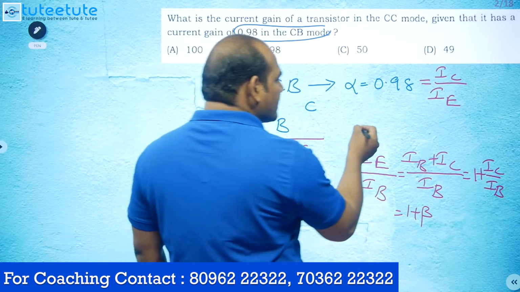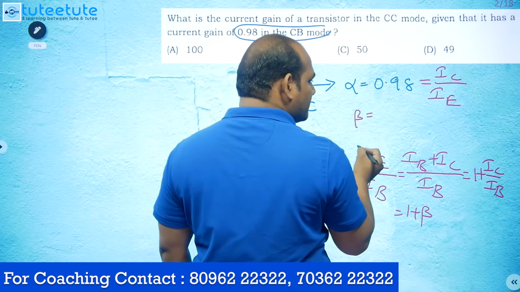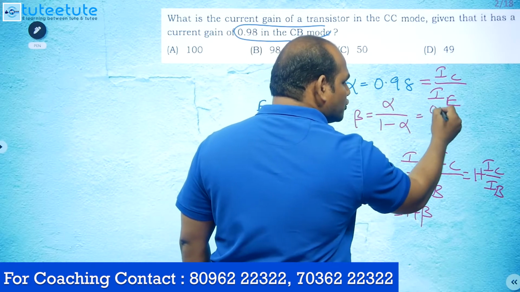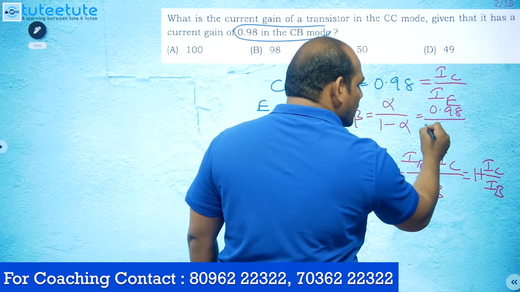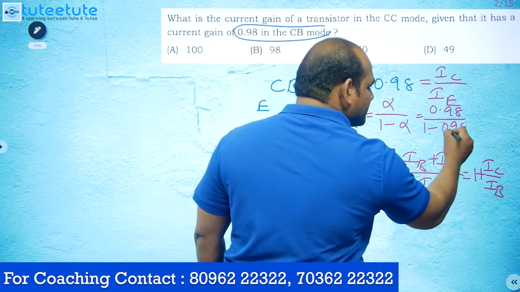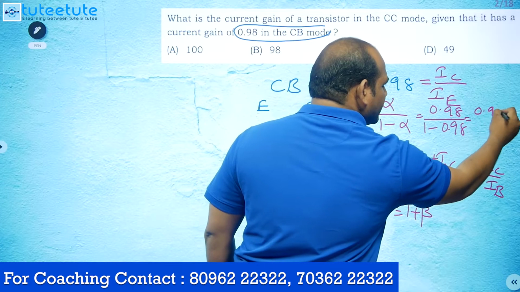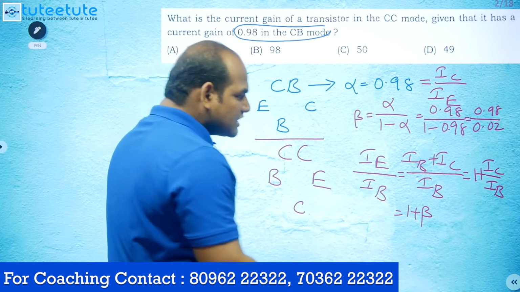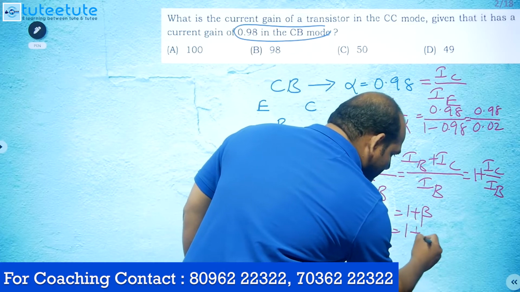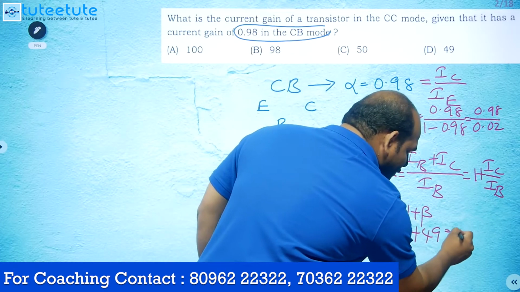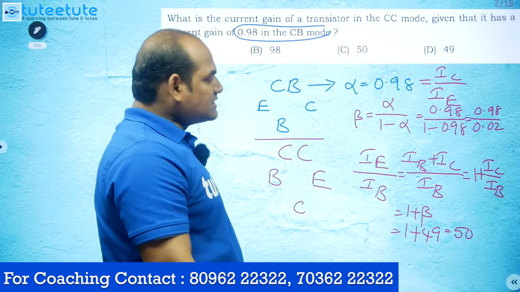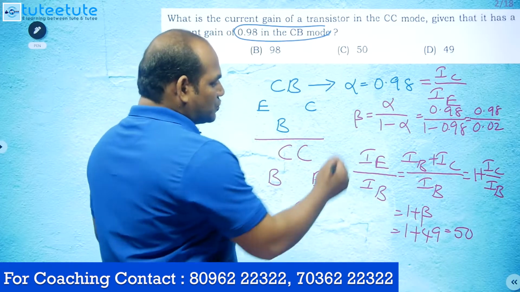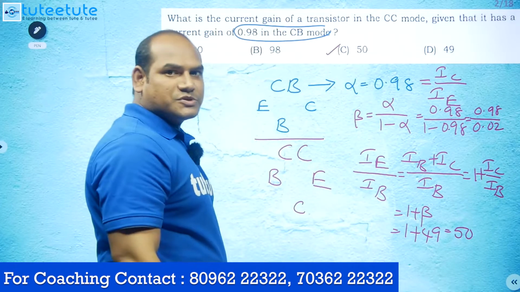The formula for beta in terms of alpha is beta equal to alpha by 1 minus alpha, that is 0.98 by 1 minus 0.98, which is 0.98 by 0.02, that is 49. Substituting, 1 plus 49 is equal to 50. 50 is the current gain of the common collector amplifier. So option C is the correct option.